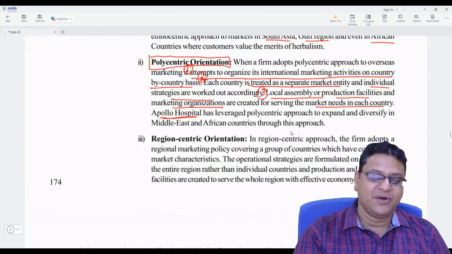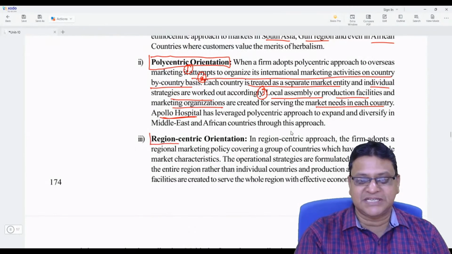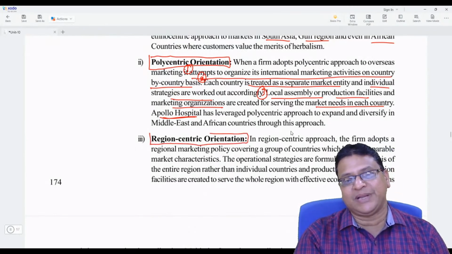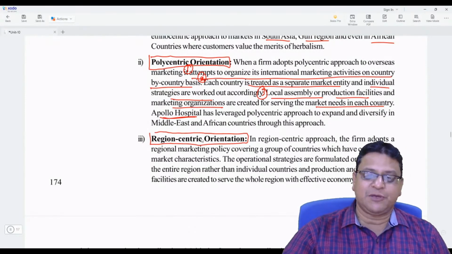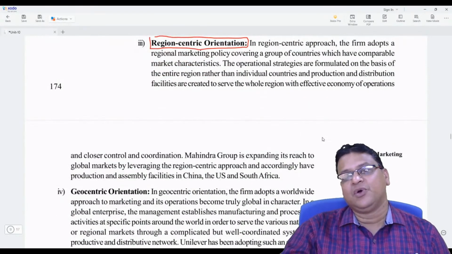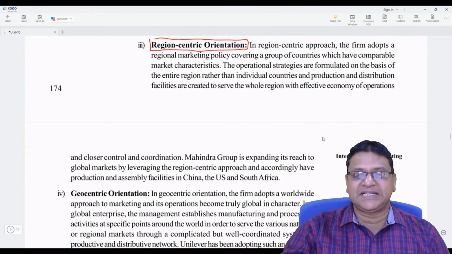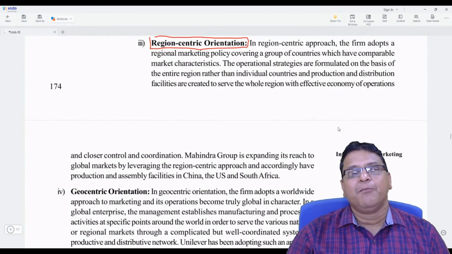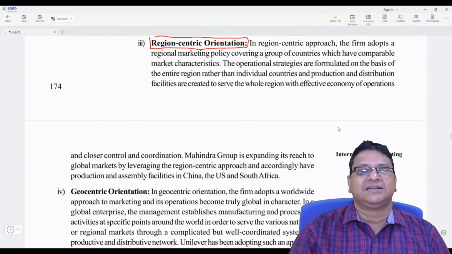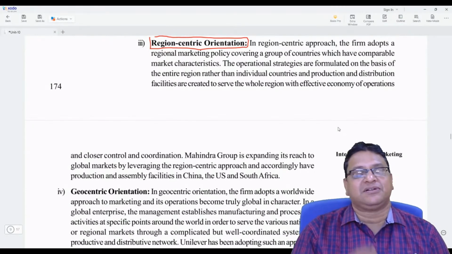Third orientation of doing international business is regiocentric orientation. What is regiocentric orientation? In the case of regiocentric orientation, the international firms or MNCs design their marketing strategy for a group of countries residing in a region.